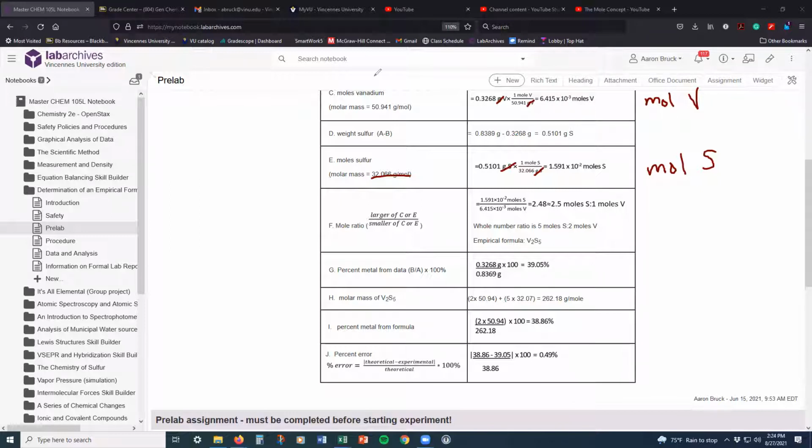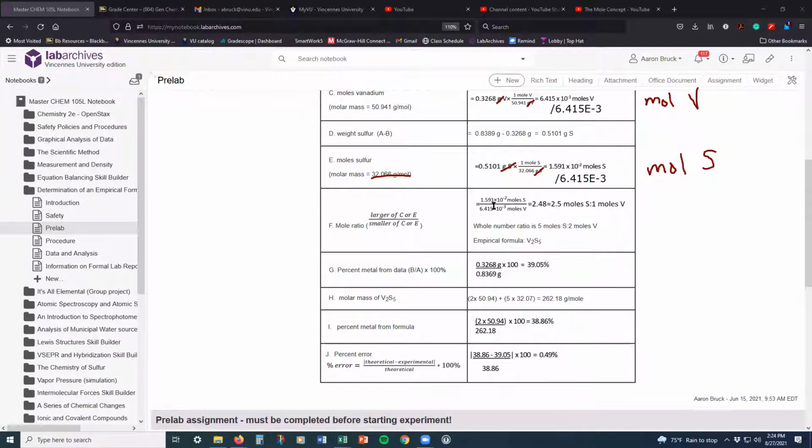So we're going to divide both of these numbers by 6.415 times 10 to the negative 3rd. And if we do it to both of them, then it basically evens out.